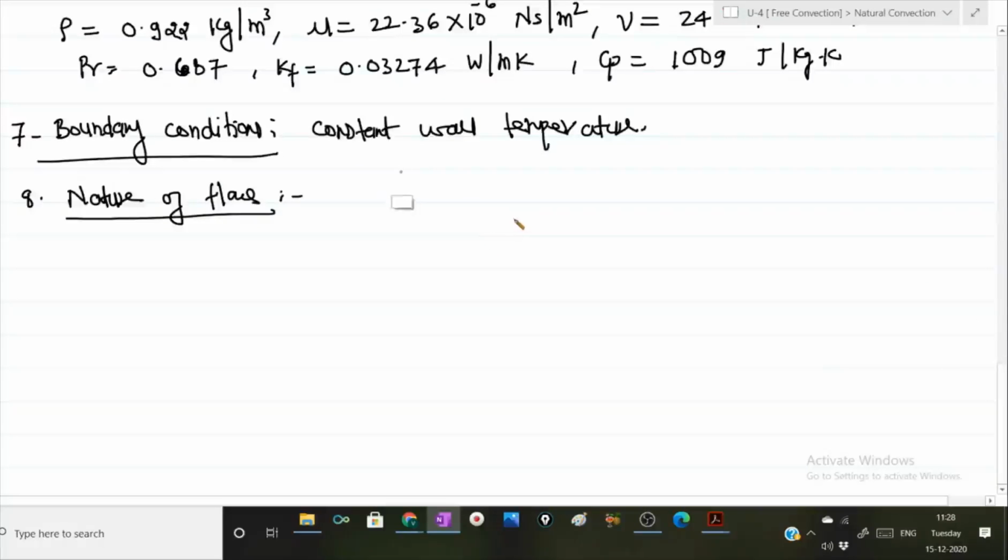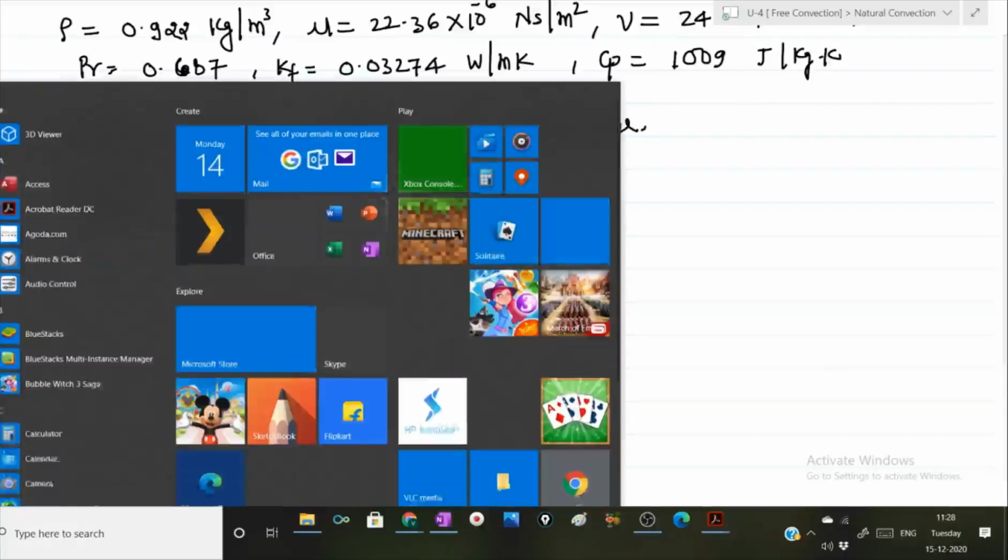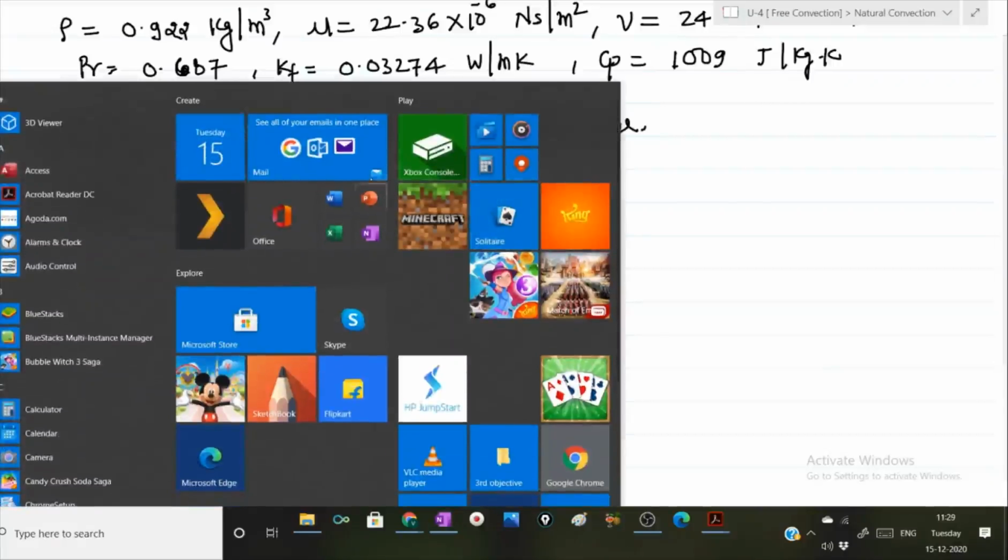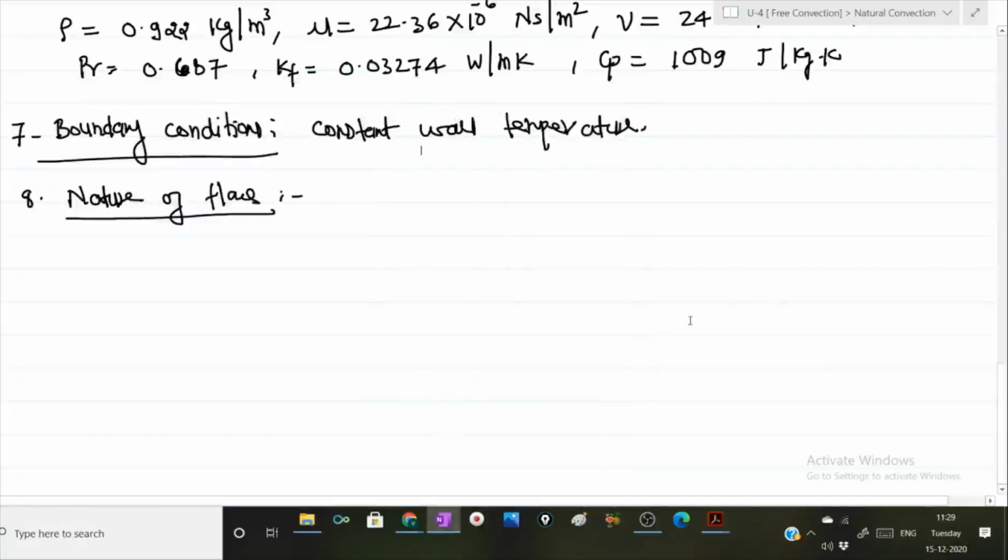Okay, so I can find out this Rayleigh number as GRL into PR, where GRL is Grashof number.